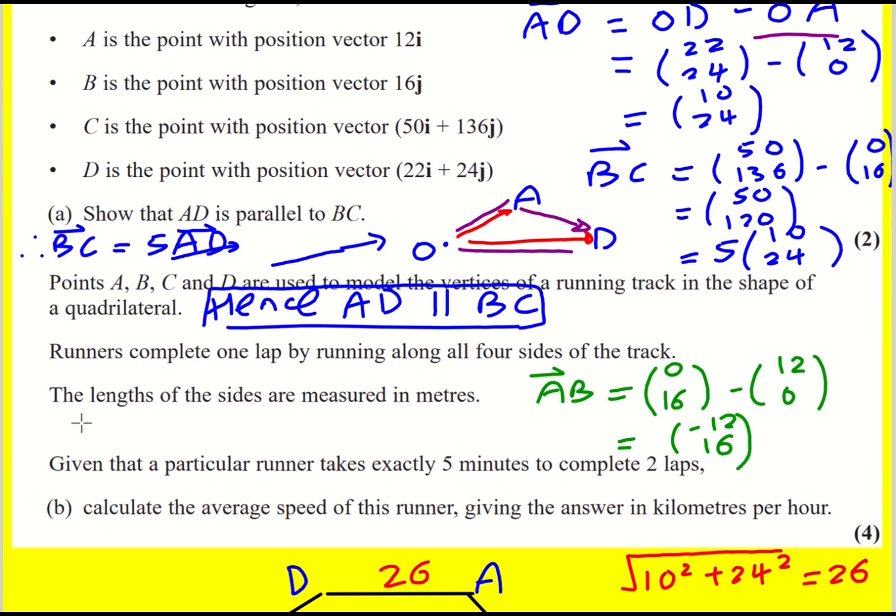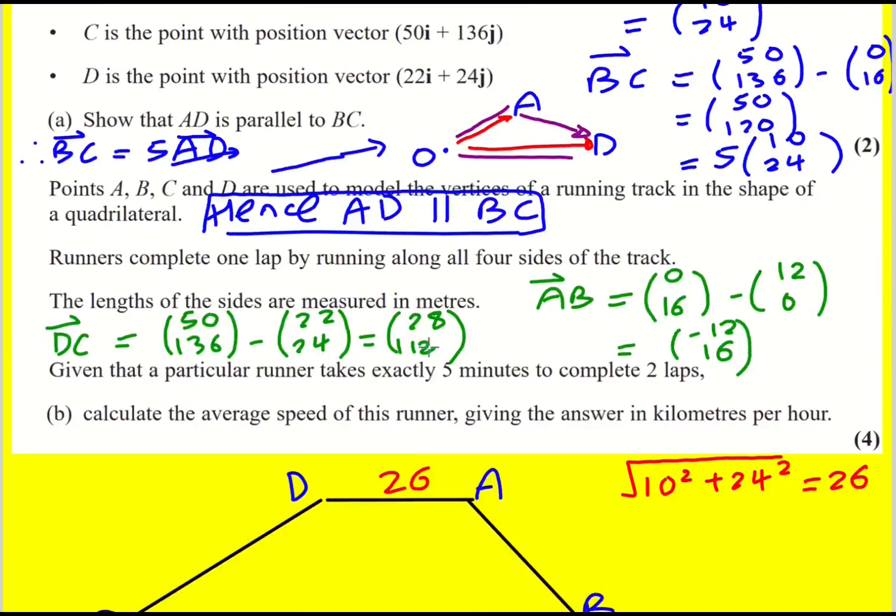Let's go with DC. Originally I did CD, but it's a little bit easier because C has slightly larger numbers. So it's OC, which is (50, 136), minus (22, 24), which gives (28, 112). It's not going to matter if you do it the other way around.